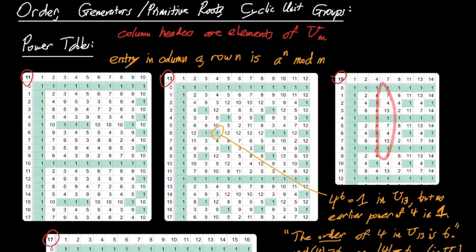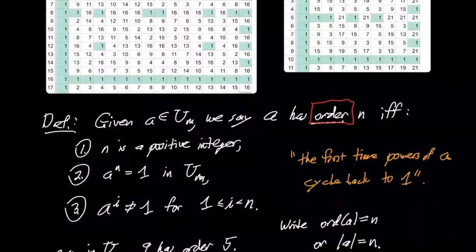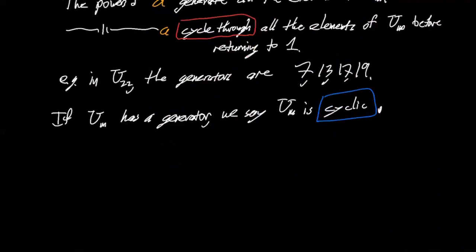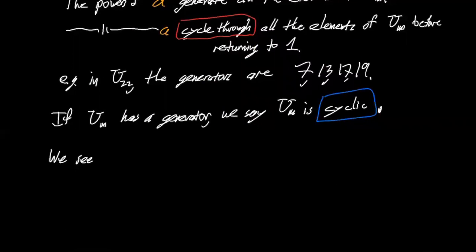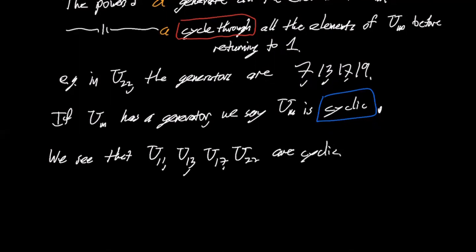In fact, the fourth power of everything is 1. So in our examples above, U11, U13, U17, U22 are cyclic, but U15 is not.